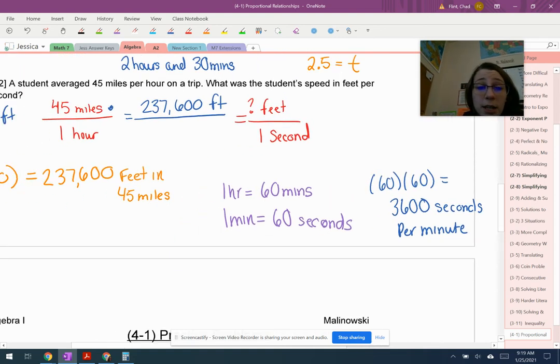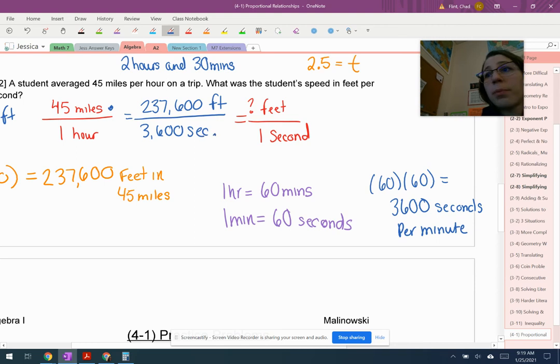Which means that I can put 3,600 seconds on the bottom of my fraction.